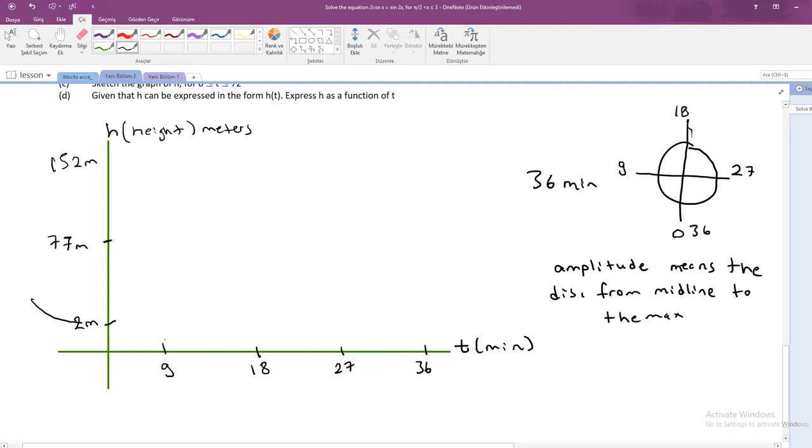It comes like this, goes like that, and at 18 it reaches the top, it goes again like this, right?